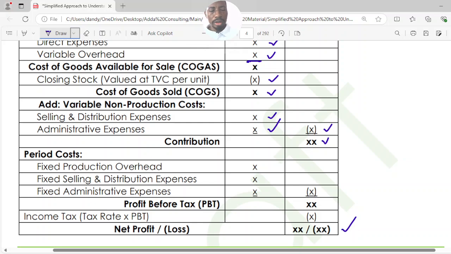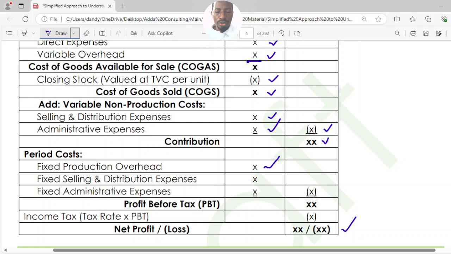So this is the marginal costing approach. Remember, one of the key points we discussed is that under marginal costing, the fixed production overhead is written off fully from the aggregate contribution because it is not part of production cost. That's why we are putting fixed production overhead under the period cost, because it is fixed in nature.